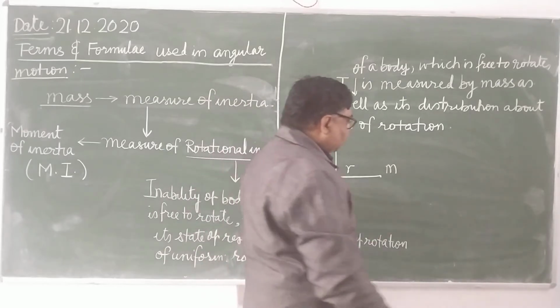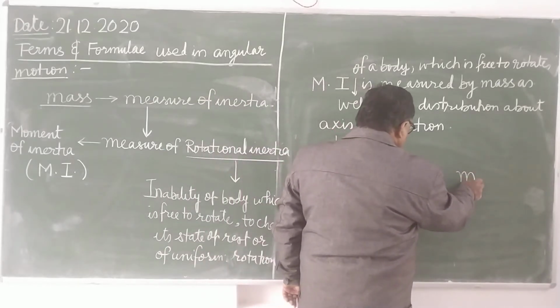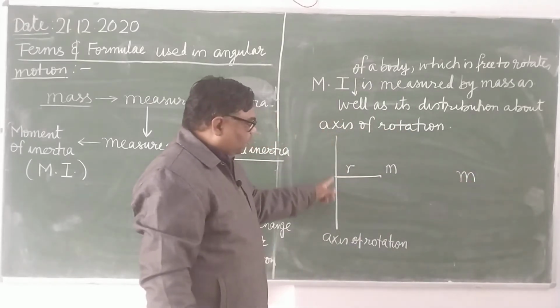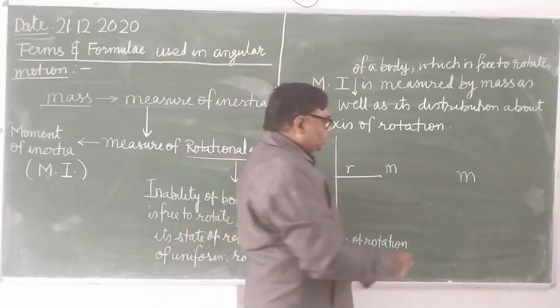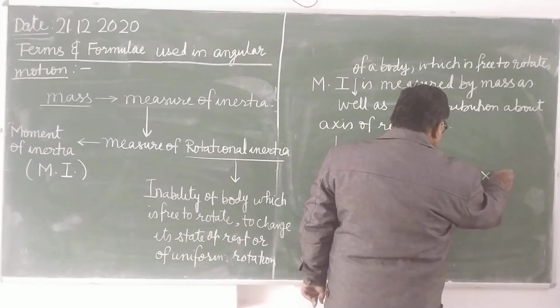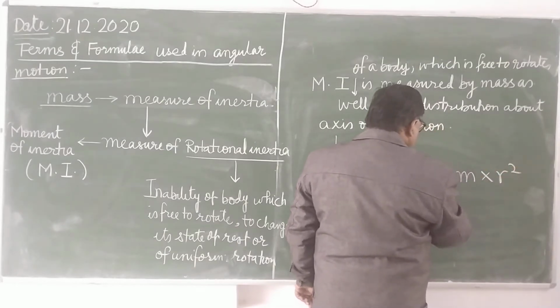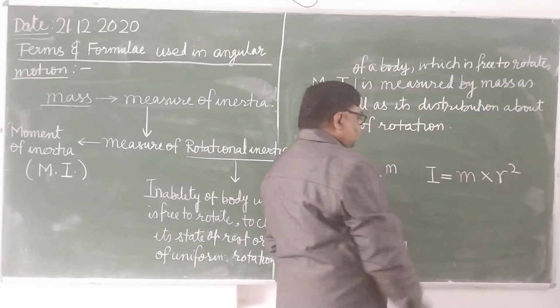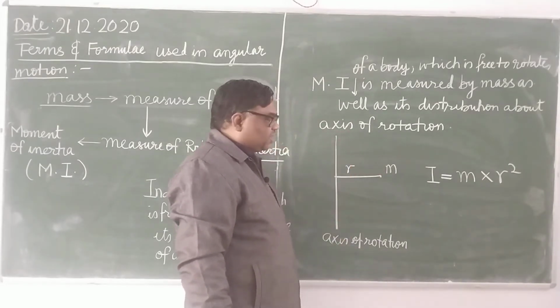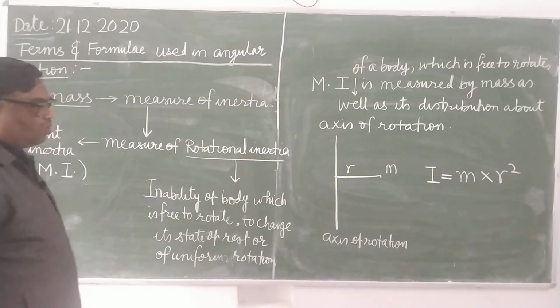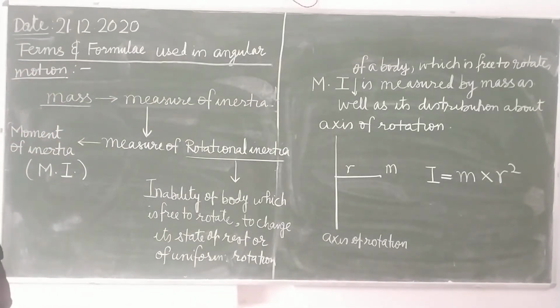What is the mass of the particle? It is m. What is its perpendicular distance from the axis of rotation? It is r. So m into r square. This will be the MI of this particle. Is it clear? Here this is a body which is comprising only one particle. I equals m into r square.